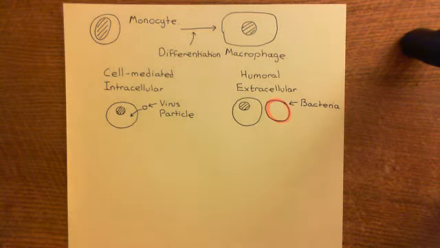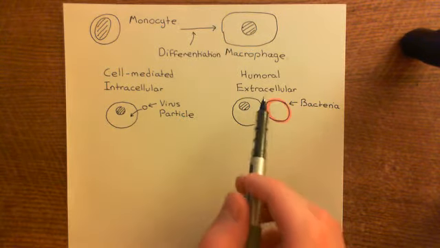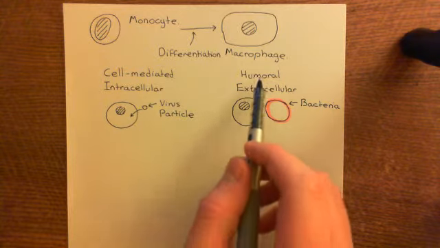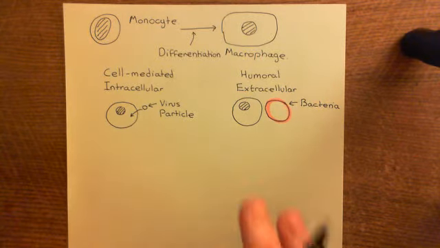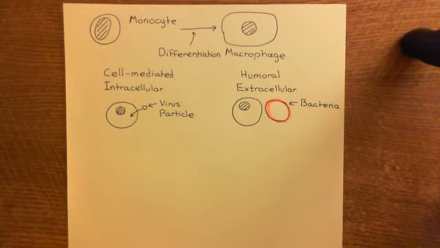So these two different types of infections require different adaptive immune responses. The response to extracellular pathogens is going to be the humoral adaptive immune response, whereas the response to intracellular pathogens is going to be the cell-mediated adaptive immune response. Later on we are going to have to separate these two.